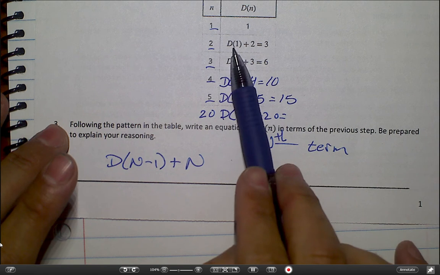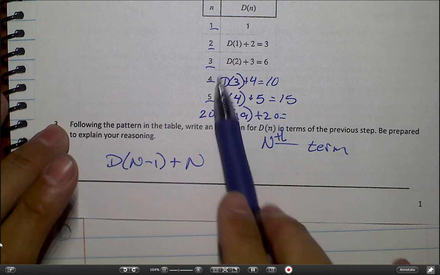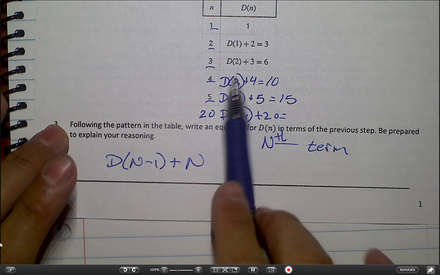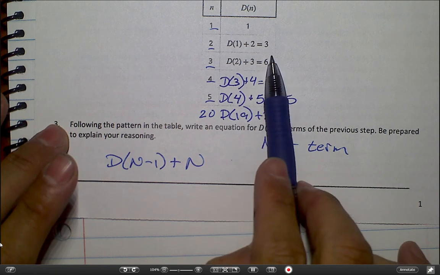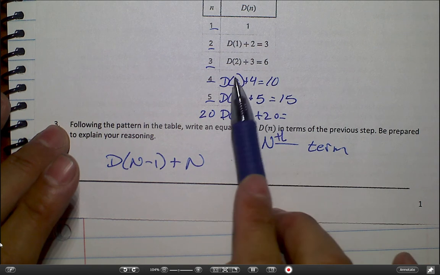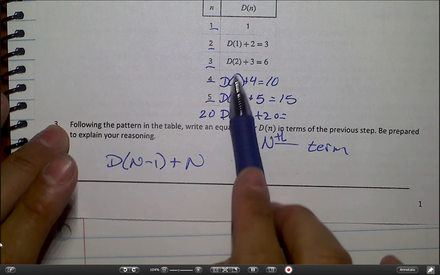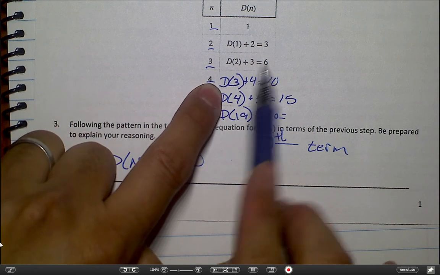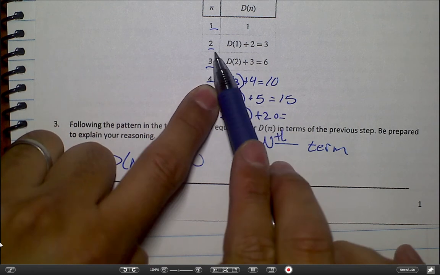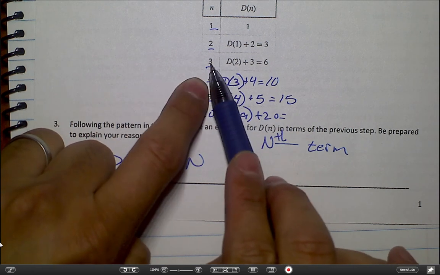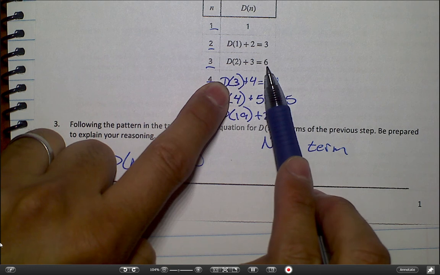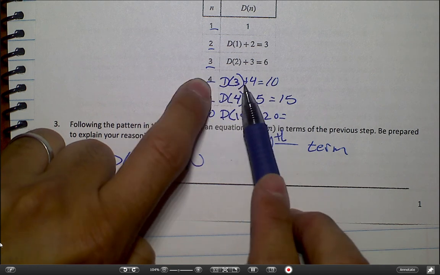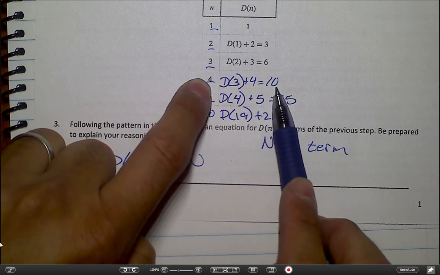That's what it's referring to, some output of the previous function. So whatever my answer was from D of 3. So D of 3 was what? My function of 3 came out to be 6, right? So this was 6 plus 4, which gave me 10.